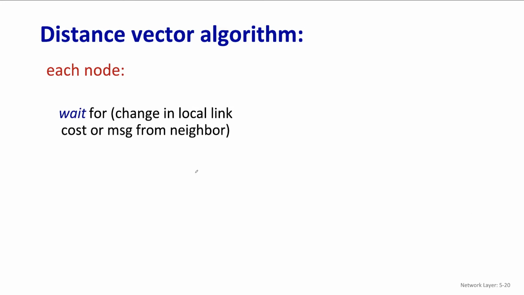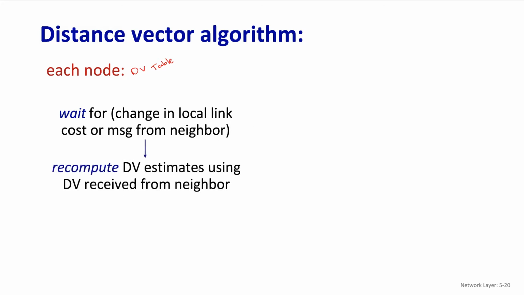Each node, or each router, is going to build its distance vector table. Once it's done, it waits for a change in a local link or a message from a neighbor. Whenever you receive a message of change, you will recompute.